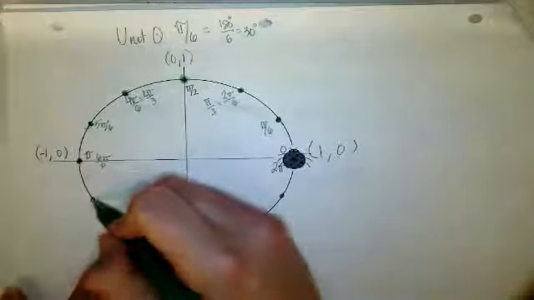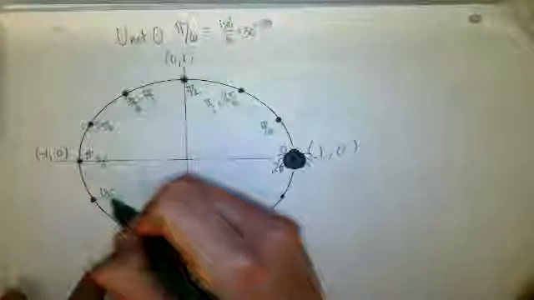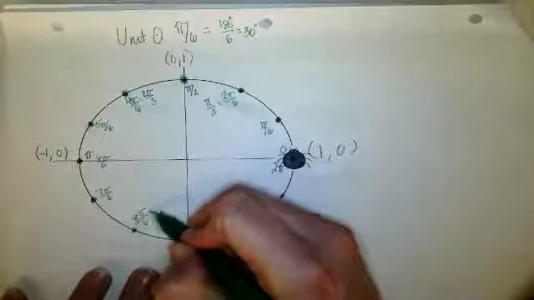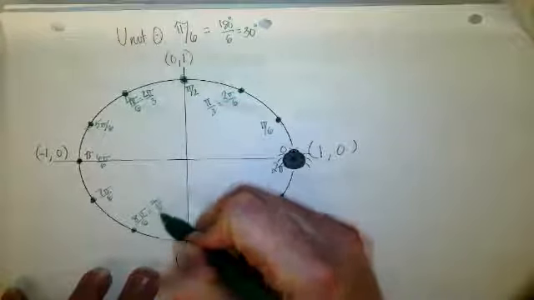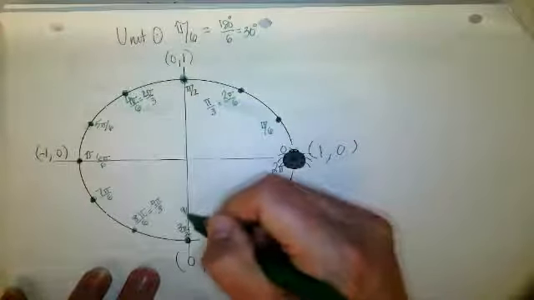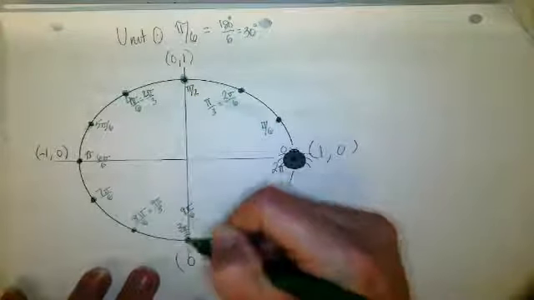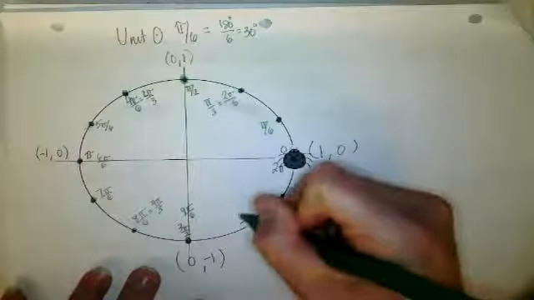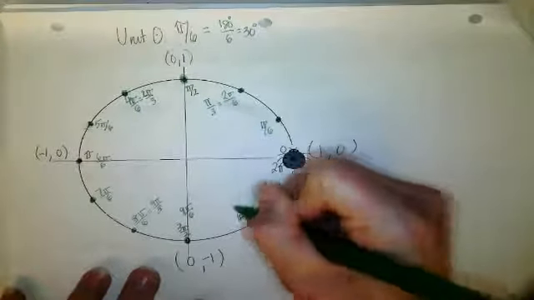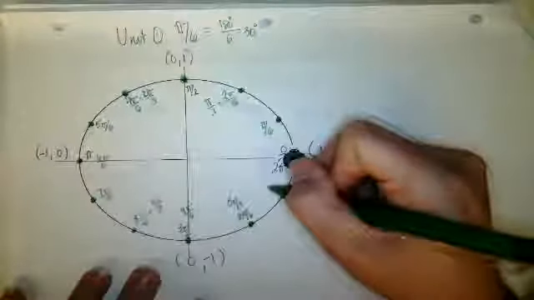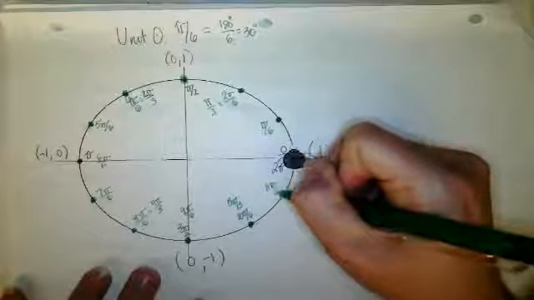Cool. And this is 7 pi over 6, and this becomes 8 pi over 6, which reduces. And then this becomes 9 pi over 6, which reduces. And then 10 pi over 6, which is 5 pi over 3. And the very last one, 11 pi over 6.